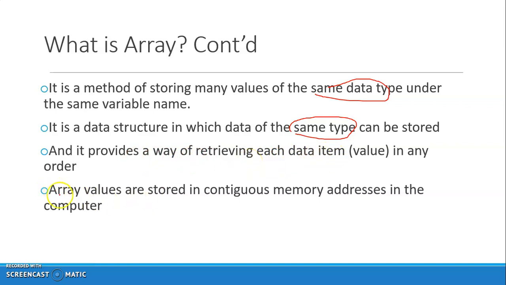But here we say array values are stored in contiguous memory addresses in the computer. So we have a memory address, that is our RAM. When we declare variables, maybe we declare two variables, int a, comma b, we have two variables declared. These two variables may not necessarily be allocated adjacent addresses.